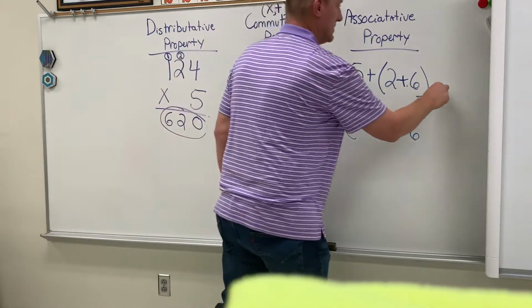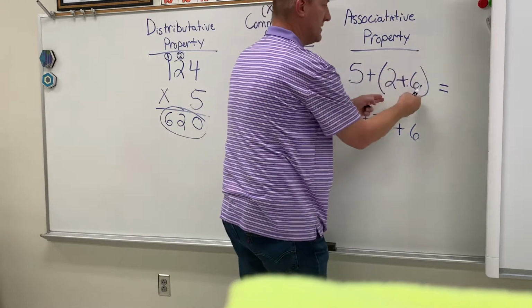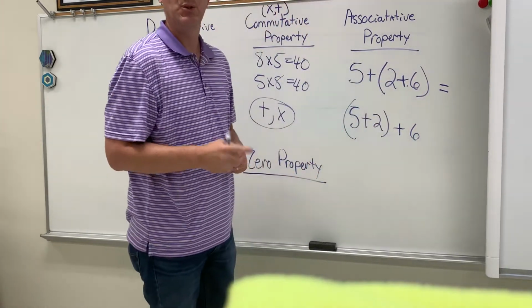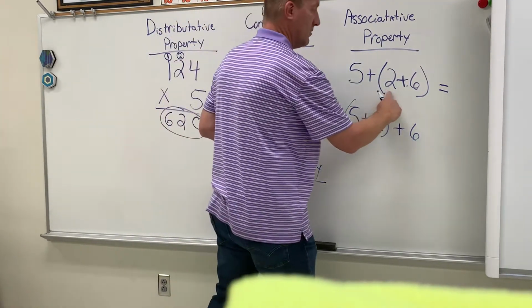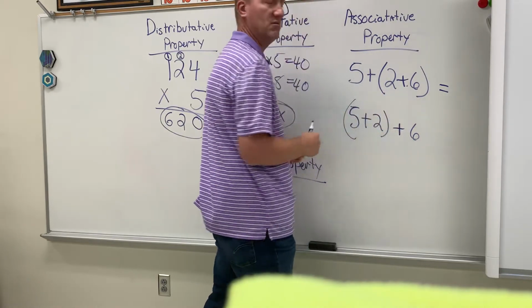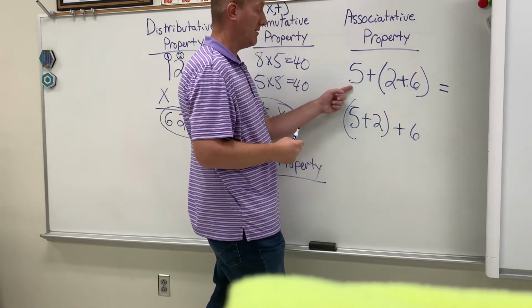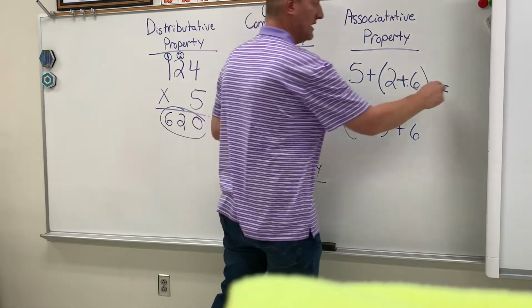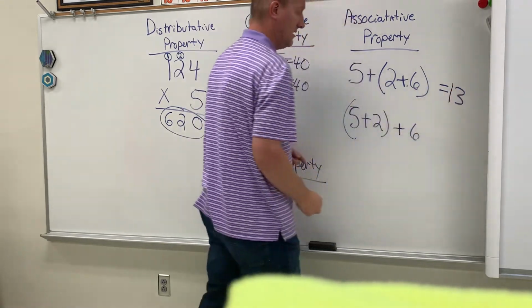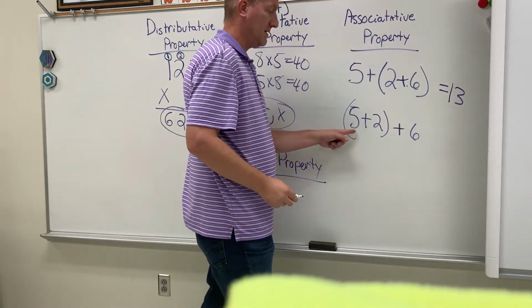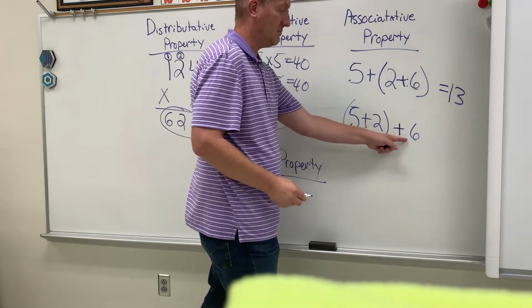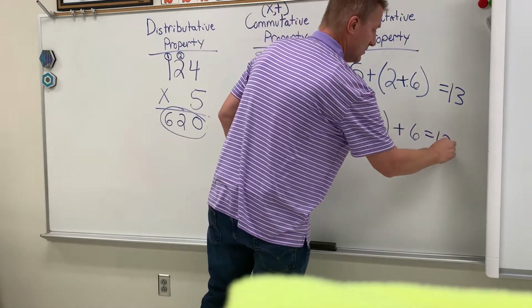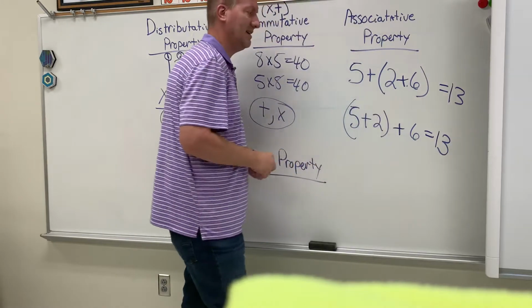So let's see what this equals. So the parentheses means do that one first. So what's 6 plus 2? That's 8, right? Plus 5 is 13. 5 plus 2 is 7, plus 6 equals 13.